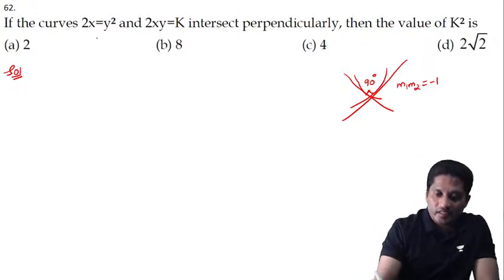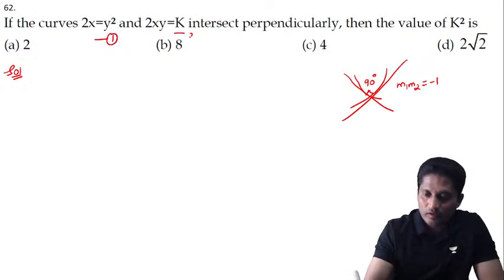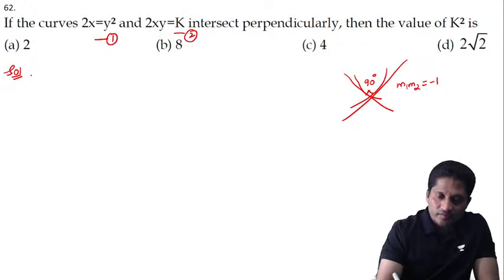Okay, now call this equation 1 and call this equation 2. If I differentiate the first curve, 2 is equal to 2y into dy by dx. 2 and 2 cancel. dy by dx is equal to 1 by y.